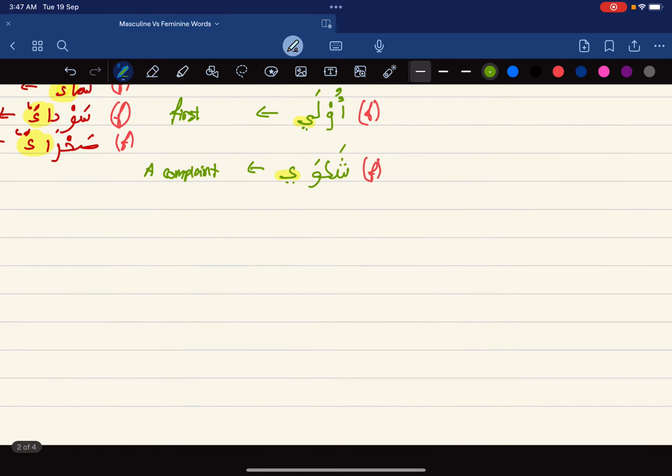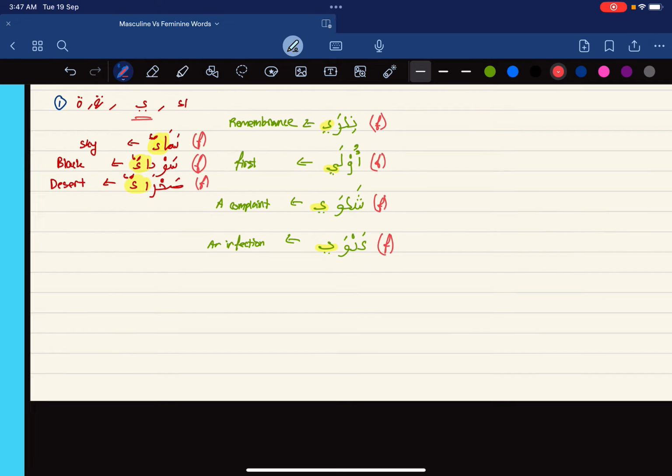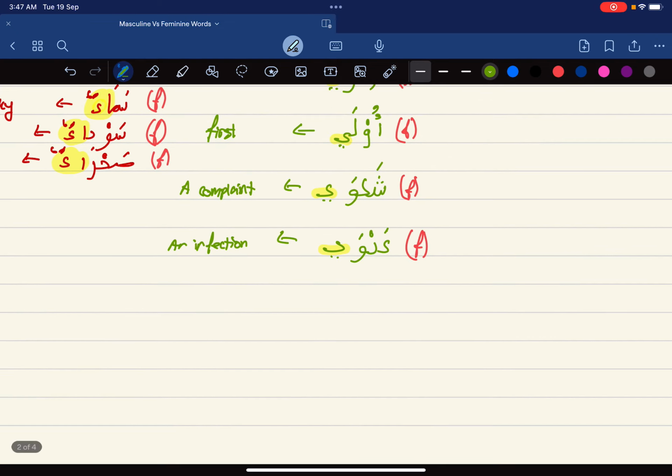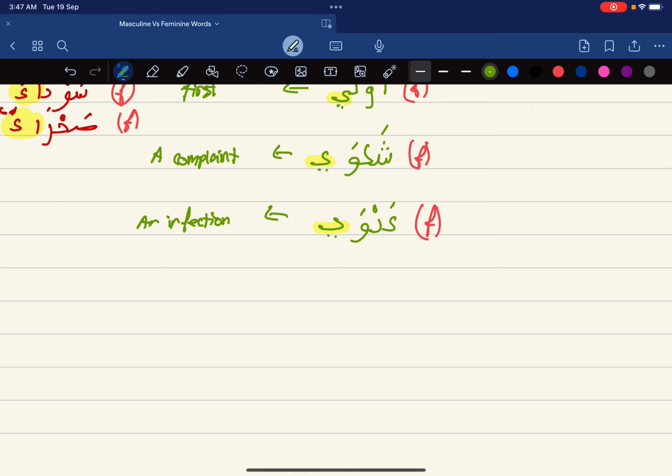Then we have the word adwa. The word adwa means an infection. And I even forgot their meanings. Yeah, it means feminine. You can easily distinguish them.